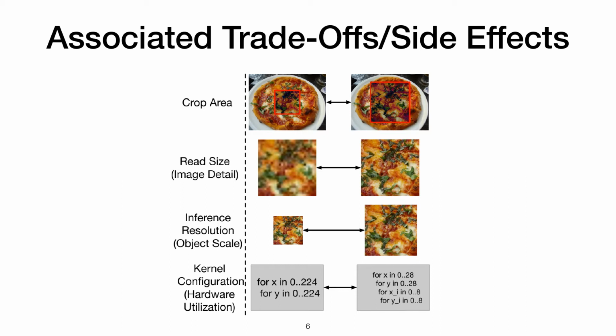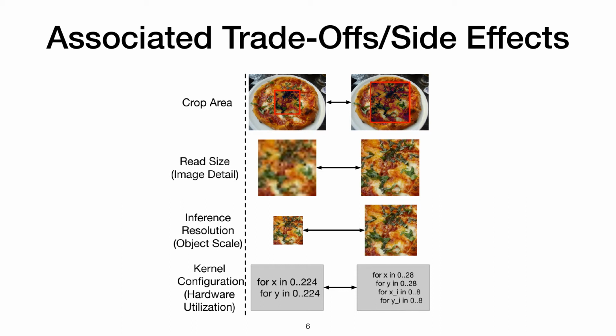Note that this property is often informally referred to as resolution, but we can apply more lossy compression to reduce image detail to reduce the quantity of data at the same resolution. Next, we have the inference resolution itself, which together with crop area determines the scale of the object perceived by the model.